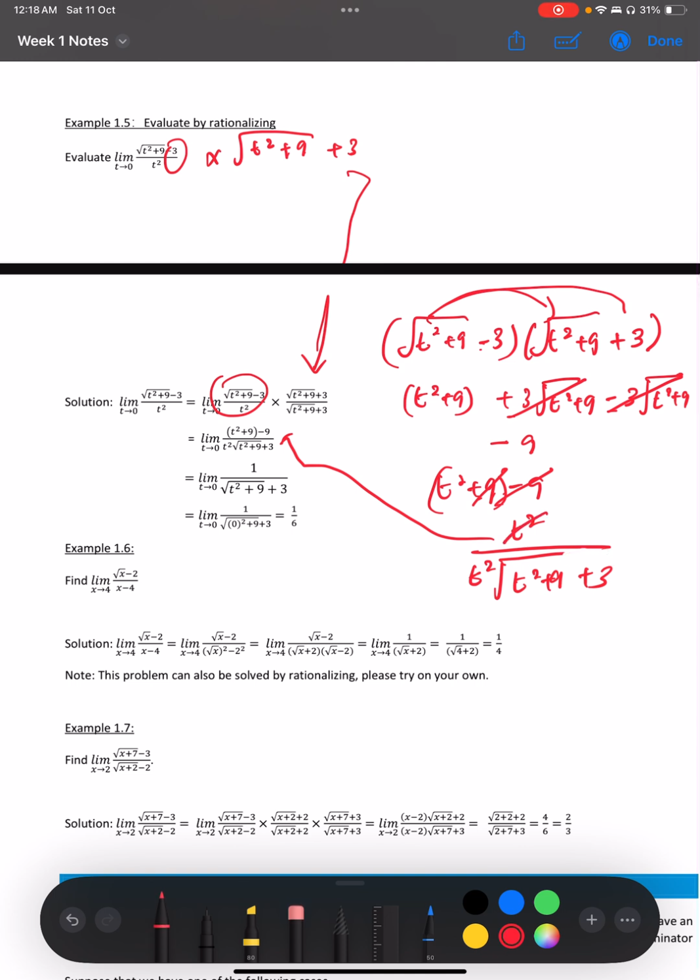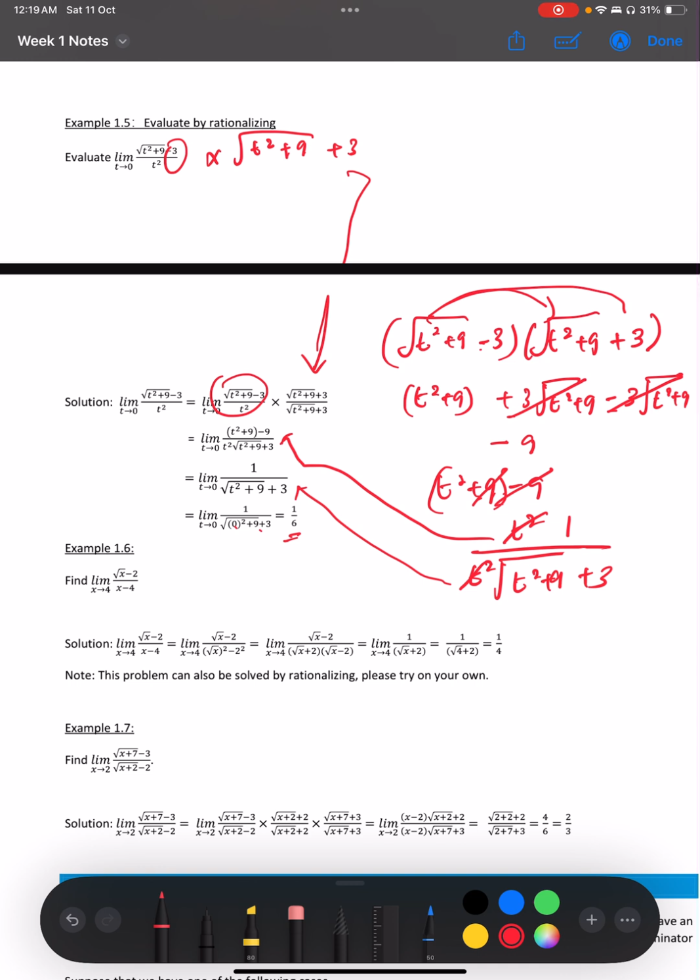So this one can be simplified, it becomes 1, so that's why you get this one. So t approaching 0, this one you can replace with 0. 0 plus 9 is 9. Square root of 9 is 3. Plus 3, you get 1/6.